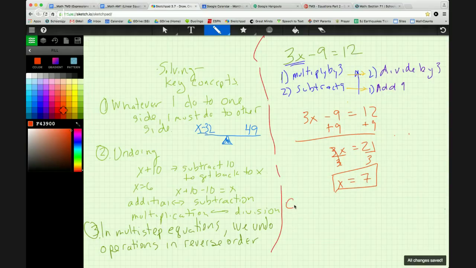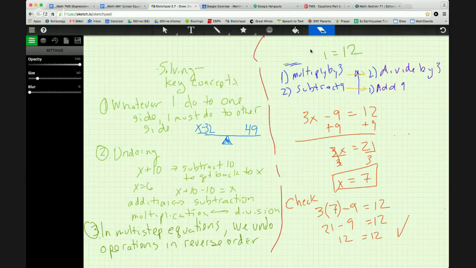Now we have to check. Go back to our original equation: 3 times 7 minus 9 equals 12. 3 times 7 is 21, minus 9 equals 12. Well, 21 minus 9 does equal 12. So check. We have done that correctly.